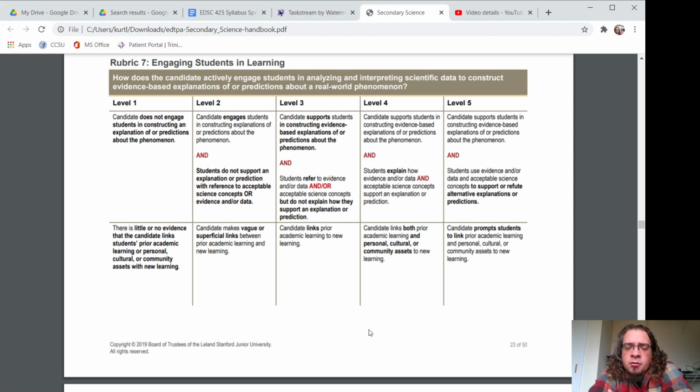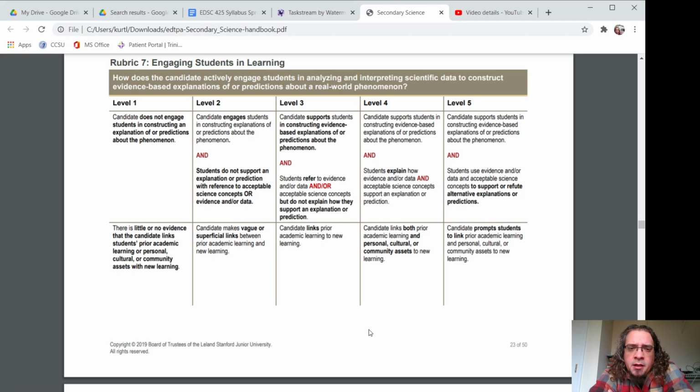Encouraging and supporting students to provide these explanations and do so in depth to some degree. In your content area, it's going to be a different set of skills, but nonetheless, watching how the students are engaging in those kinds of skills.